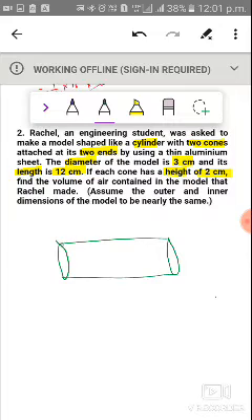So what we are having is a cone attached this side, and we are having a cone this side which is attached.